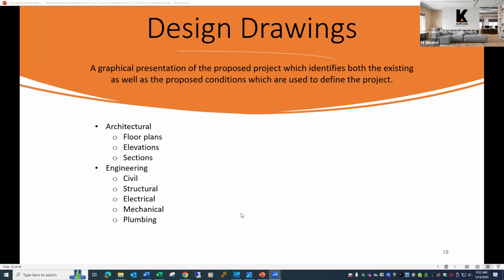If there are any changes happening to the structure of a building or to any of the MEP, mechanical, electrical, or plumbing portions of a building, or if it's site work, pavement, concrete work, retaining walls, you would have a set of engineering design drawings.